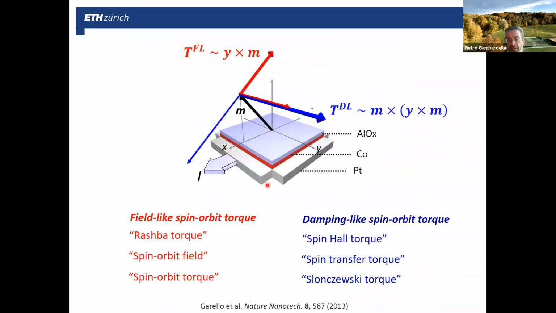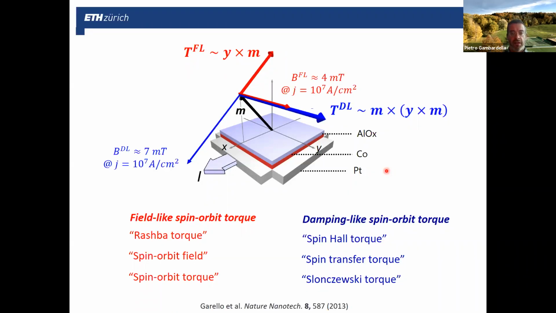So in the literature, these torques have different names. People have been calling them in all different ways. So the field-like spin orbit torque has been called the Rashba torque, spin orbit field, spin orbit torque. Damping-like spin orbit torque has been called the spin Hall torque, spin transfer torque, Slonczewski torque, etc. Here I will call them field-like and damping-like spin orbit torques, where the spin orbit basically refers to the origin of the torques themselves.